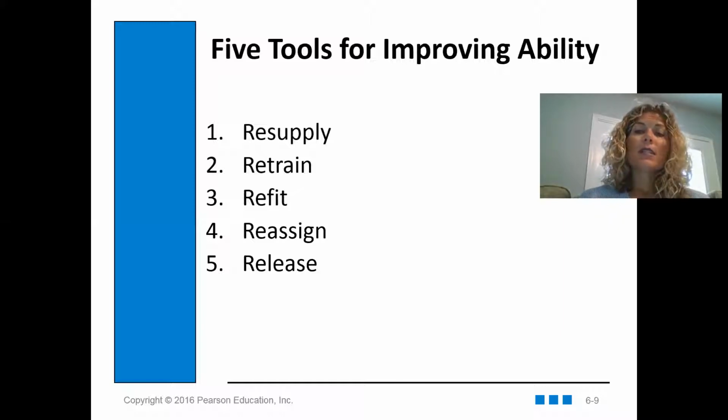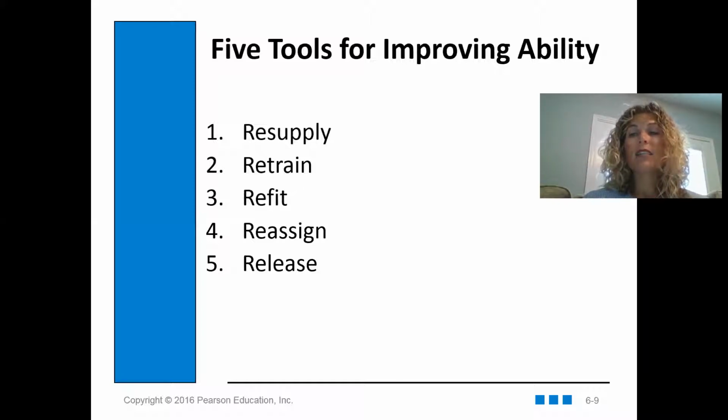The other reason why you wouldn't want to just jump to release, all right, so besides the fact that most likely you're not going to be able to do that, you're going to need that documentation. The other reason is if I release someone and I don't at least entertain steps 1 and 2 of resupply or retrain, and I realize that maybe it's really a resource problem.